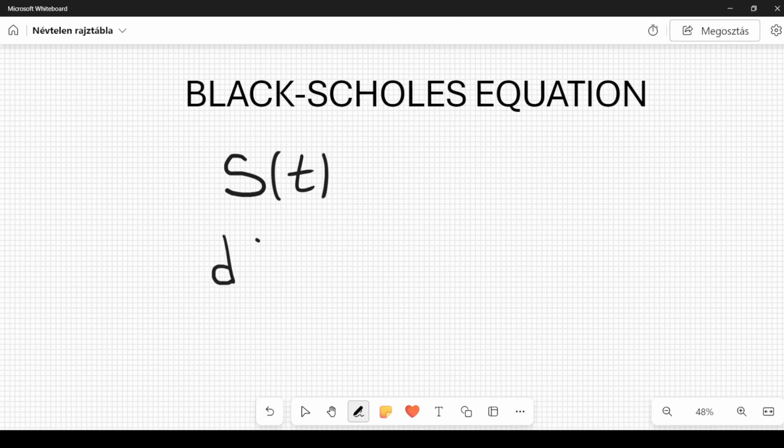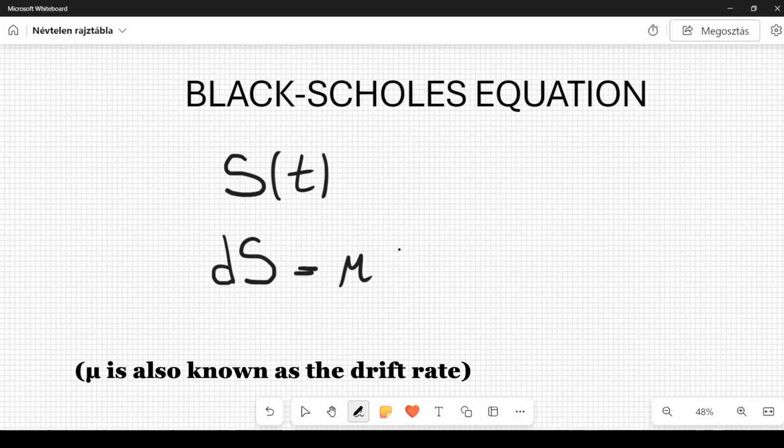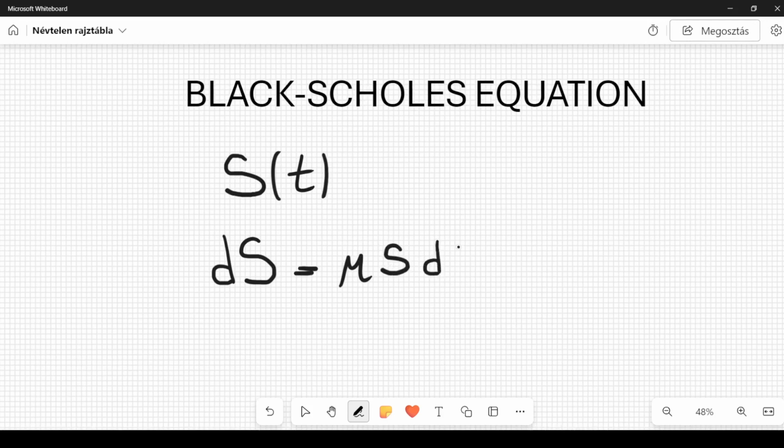So the increment dS, the increment in the price of this stock, is given by a certain parameter mu, which is the average price of the stock per unit price of the stock and per unit of time. So if we multiply this by the price of the stock and the increment in time, we get the average price of the stock over a small amount of time dt.